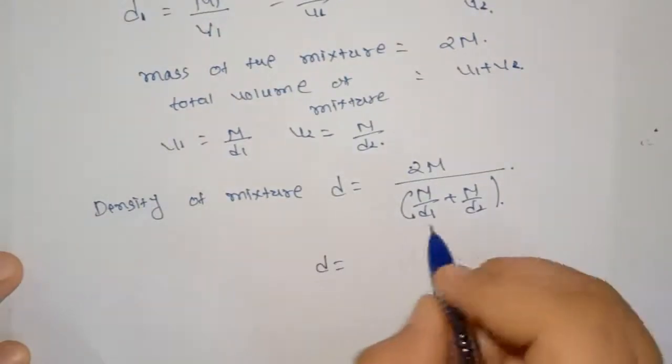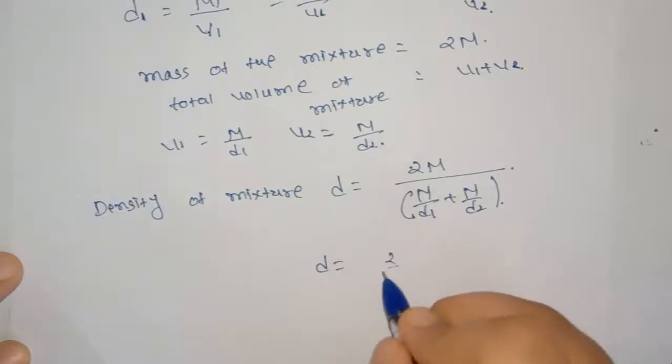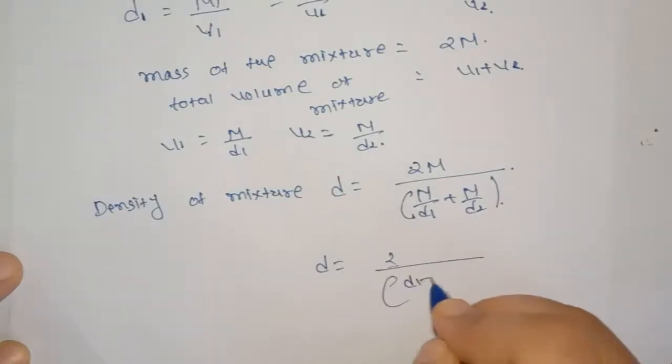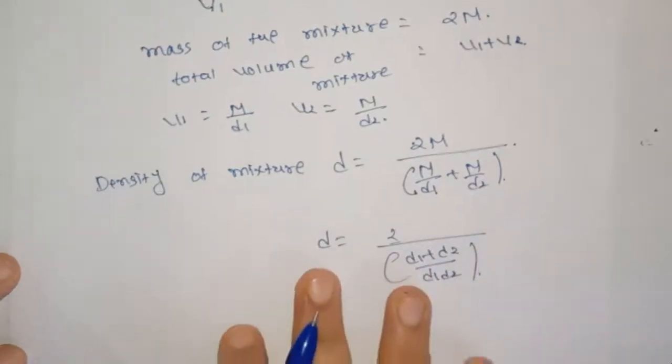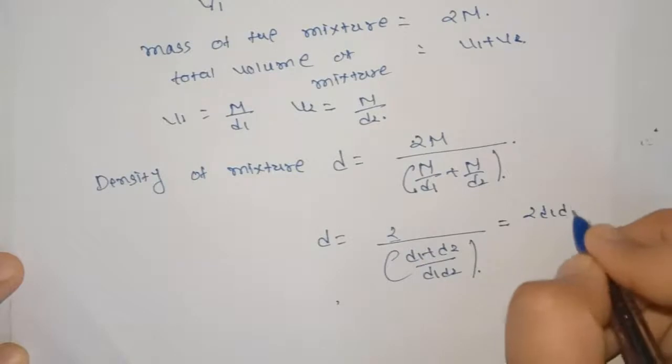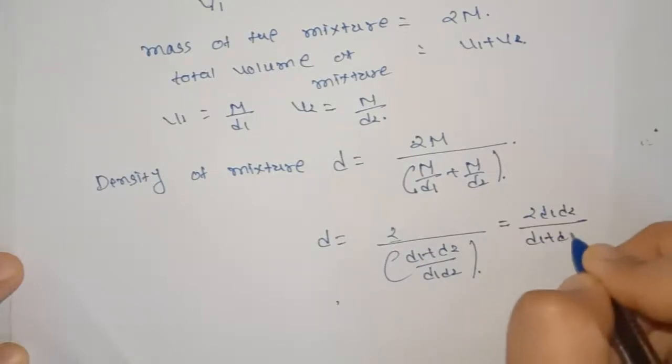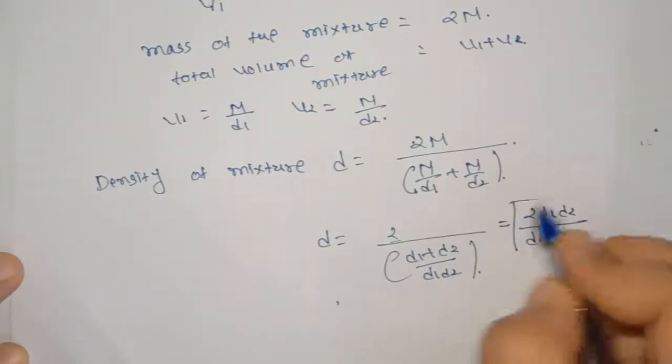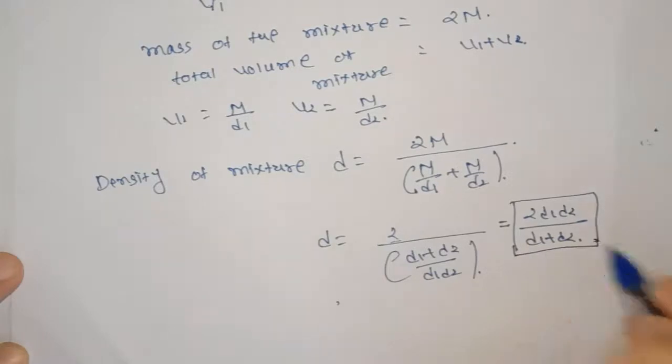So D will be equal to, this M will get cancelled out, 2 divided by D1 plus D2 upon D1 D2. So the density will be 2 D1 D2 upon D1 plus D2. So this will be our answer.